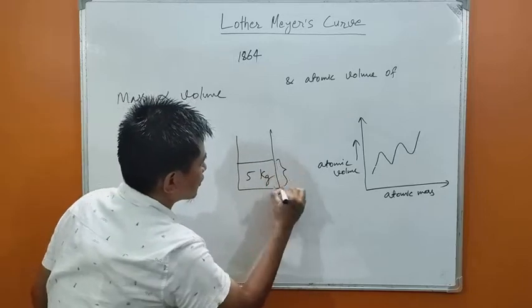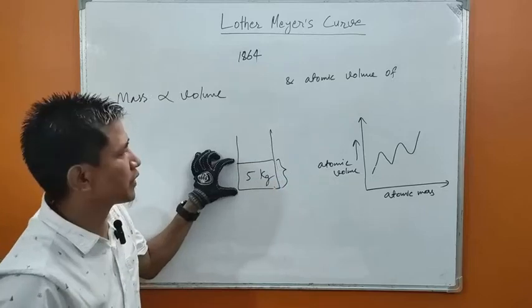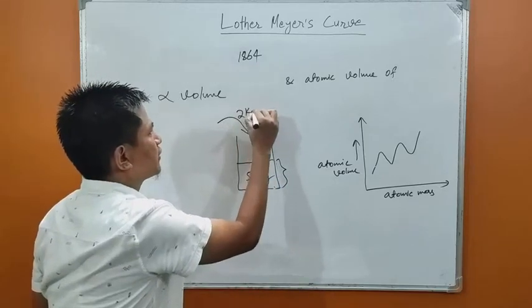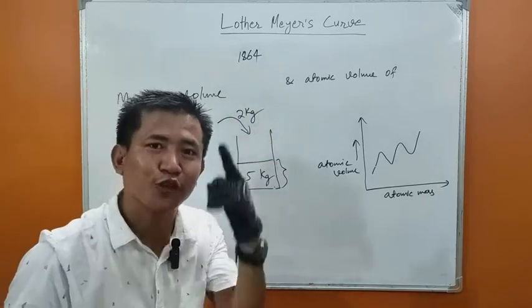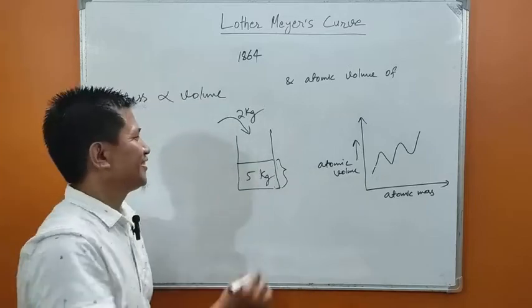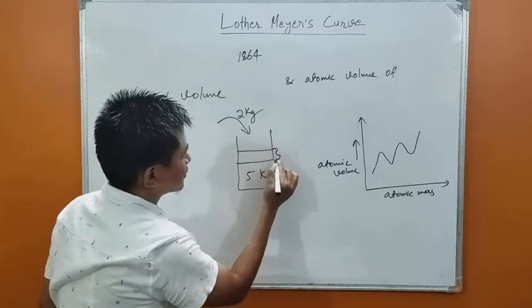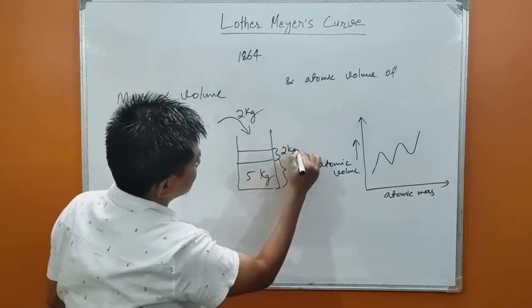Now we put an extra 2 kg of rice. This 2 kg of rice also requires some space, isn't it? Now this is the new volume. This is the space occupied by 2 kg of rice.